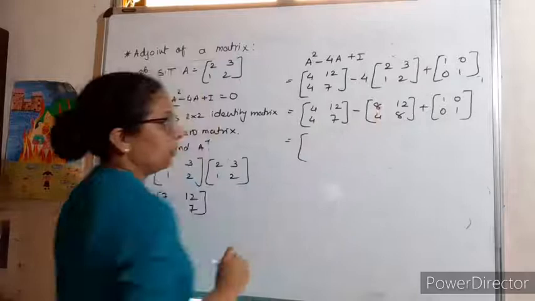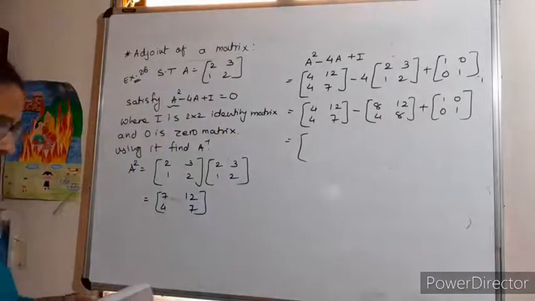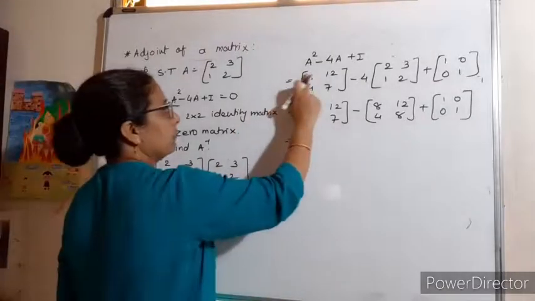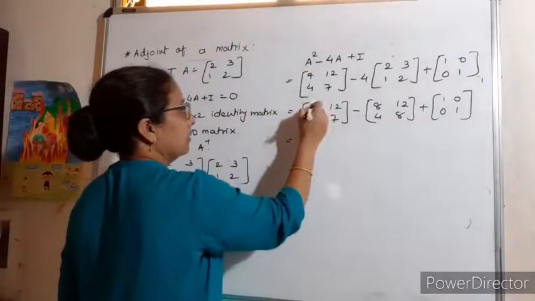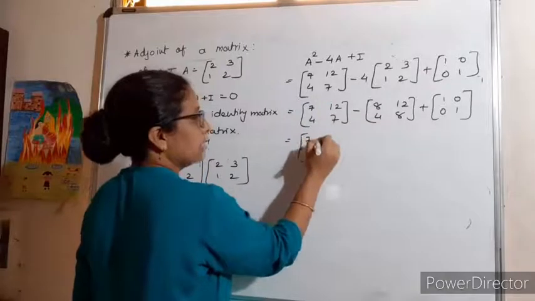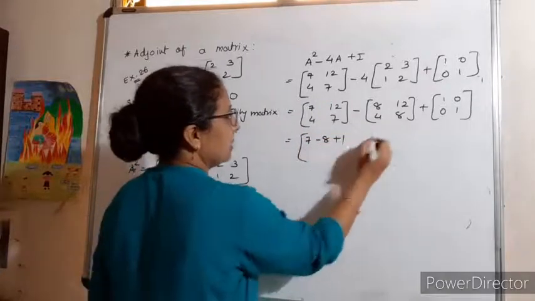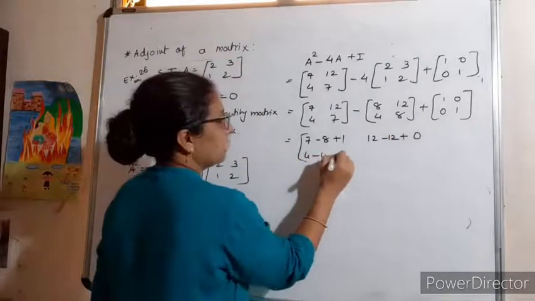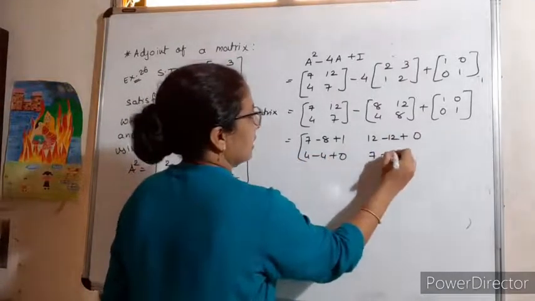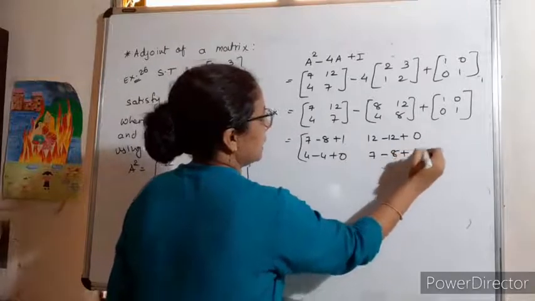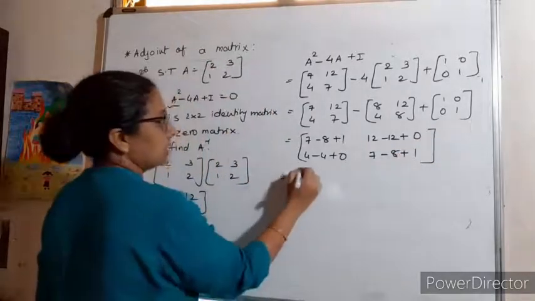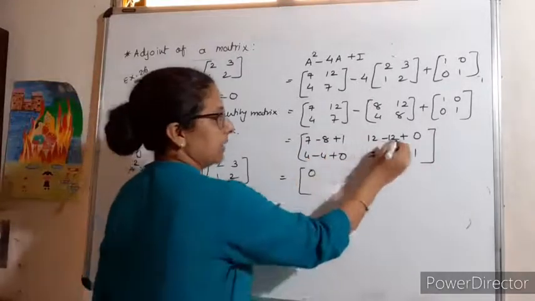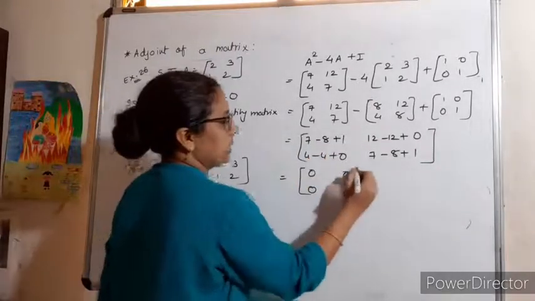So, what is it? Oh, sorry, it is 7, not 4. So, 7 minus 8 plus 1, 12 minus 12 plus 0, 4 minus 4, 7 minus 8 plus 1 is equal to 7 plus 1, 8 minus 8, 0. 12 minus 12, 0. 0 and 0.